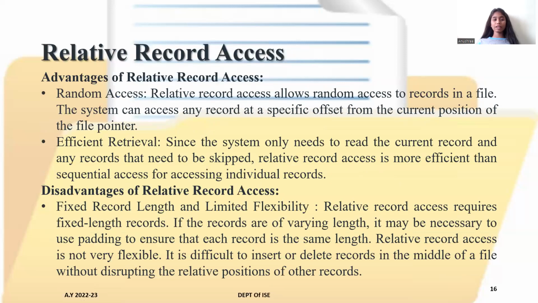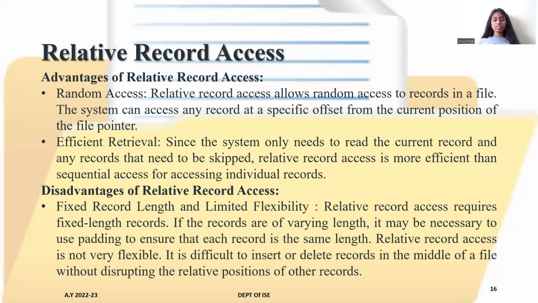Advantages of relative record access are random access. That is, relative record access allows random access to records in a file. The system can access any record at any specific offset from the current position of the file pointer. Efficient retrieval: since the system only needs to read the current record and any records that need to be skipped, record access is more efficient than sequential access for accessing individual records.